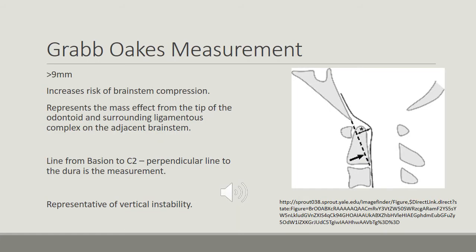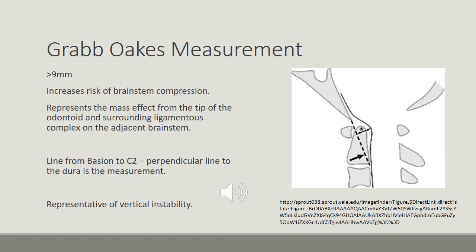So here we have the Grabb-Oakes measurement, and something greater than 9 millimeters would be representative of a vertical instability. So let's look at it. It's going to look very similar to the last couple slides you saw when talking about the brainstem. We have a little bit more of a mass effect, though, as the tip of the odontoid and surrounding ligamentous complex press on the adjacent brainstem.